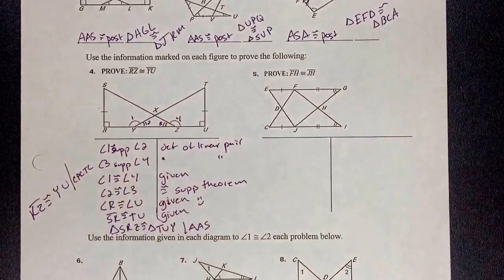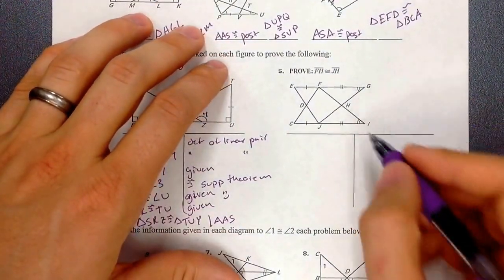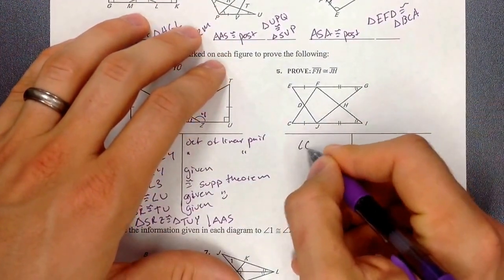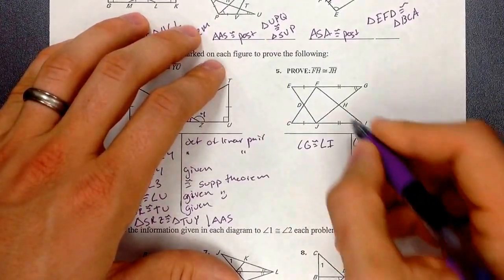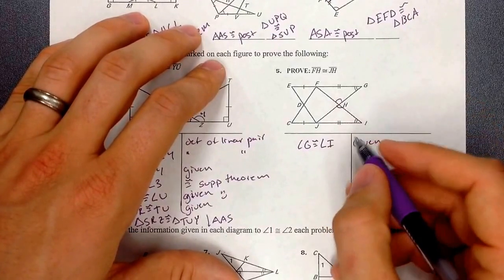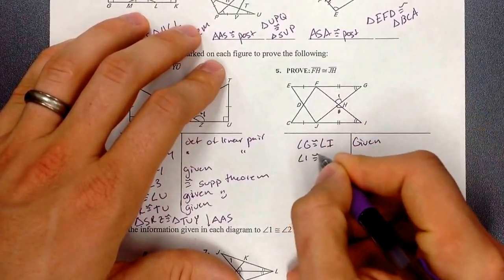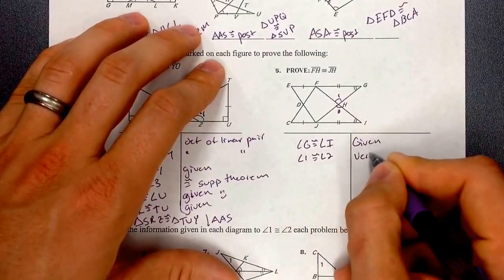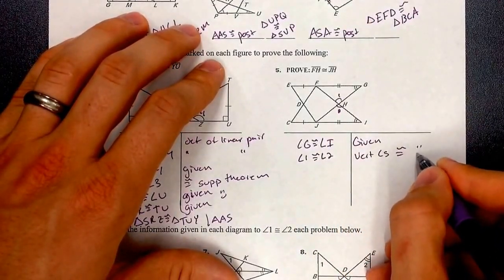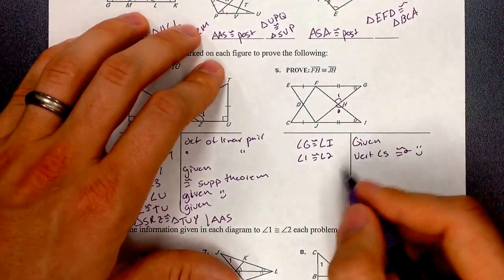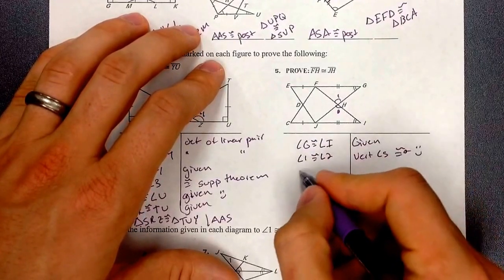Looking at this next one, I looked at it for a while and was like, oh, that's super easy. So we've got angle G congruent to angle I. That's going to be given. I'm going to grab this vertical angle right here. We'll call this 1 and 2. Angle 1 is congruent to angle 2. Why? Vertical angles are congruent. Some of you guys love other things. Don't love other things. Love this. Vertical angles congruent. And then I've got FG and JI given to me.